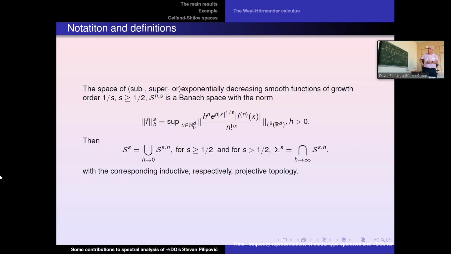But if I take intersection, I can take S to be strictly greater than 1/2. And so they are with very well known topology. This one is DFS space, this is FS space.